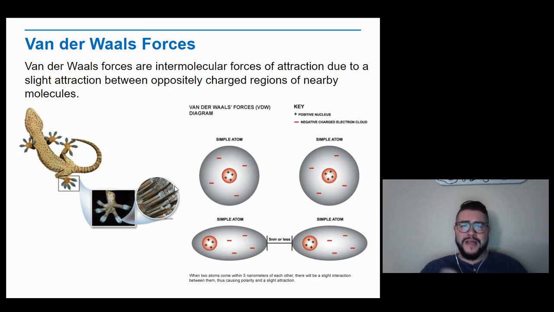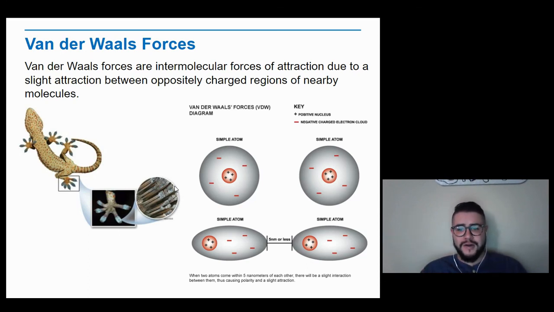They form between slightly oppositely charged regions of nearby molecules. The reason they can form is because of how close the molecules can get to each other. The closer the molecules get to each other, the more likely these van der Waals forces can form.